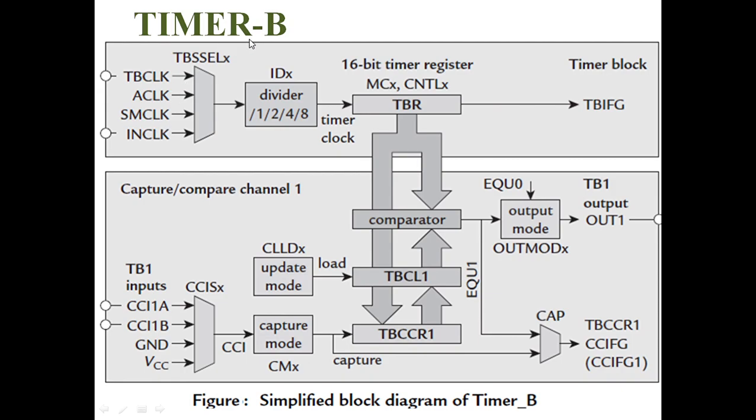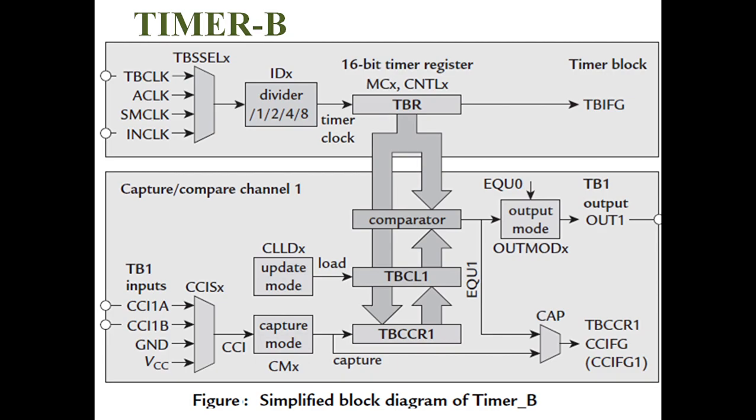Timer B selects any one of the clocks by using the timer B source select, and it is given to the input divider. Based on the desired clock frequency, we can divide the source clock by 1 or 2 or 4 or 8. Then that is given to the timer B register.